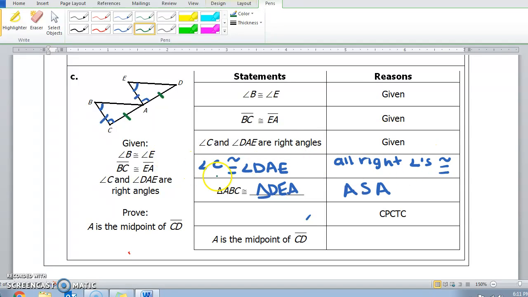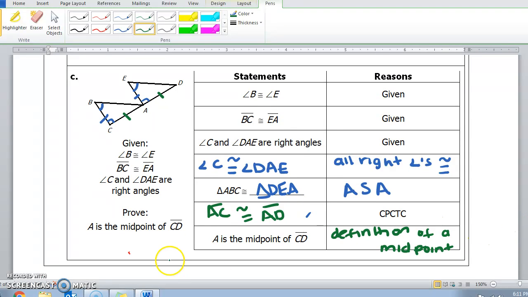So instead what we do is we prove AC is congruent to AD, and we know that because of CPCTC, which is corresponding parts of congruent triangles are congruent. So we have enough information now to say that A is the midpoint of CD due to definition of a midpoint. And now we're done.